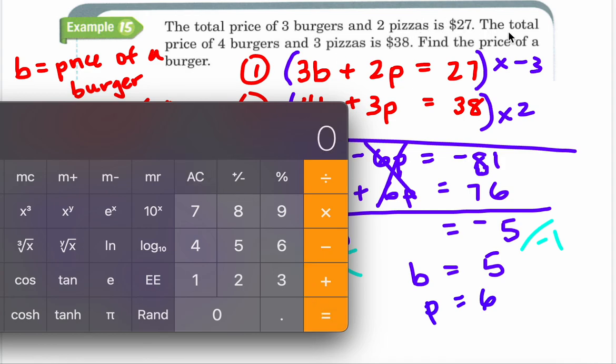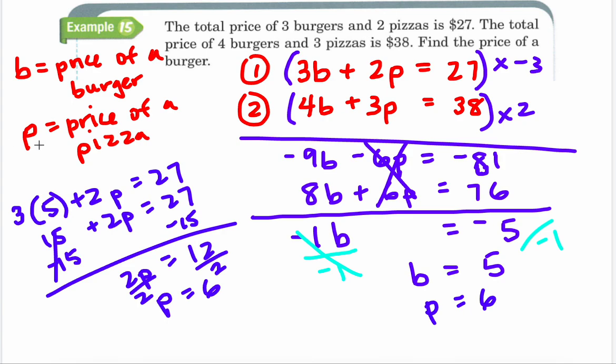Yes, that should work because we just used that equation. The total of 4 burgers, 4 times 5 is 20, plus 3 pizzas, 3 times 6 is 18, is $38. Whew, good. I hate doing the whole entire thing and then you end up getting it wrong, right? Find the price of a burger. So we are pretty sure that it's $5 per burger.